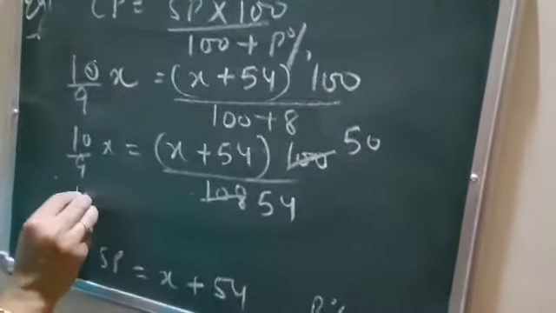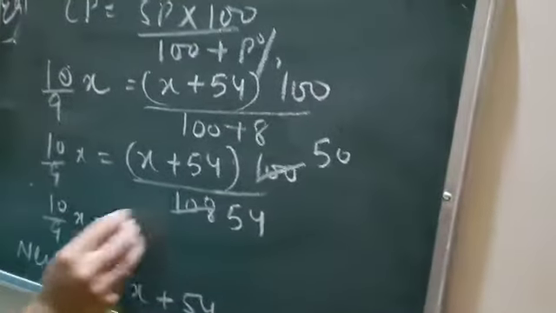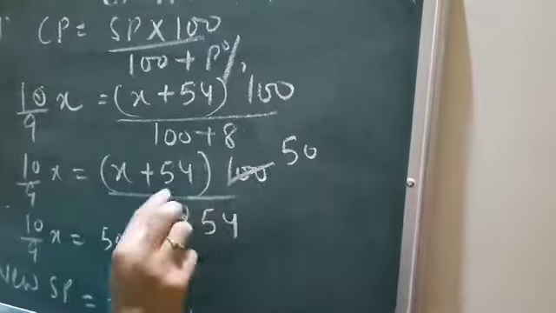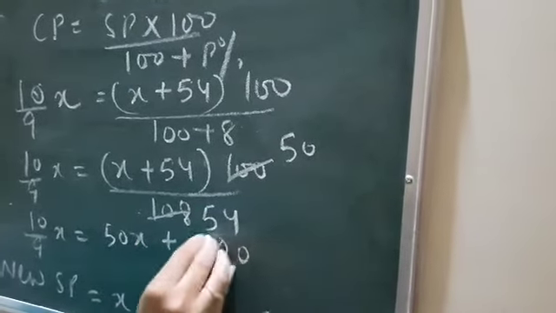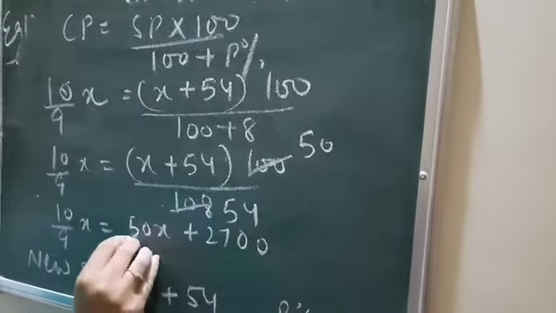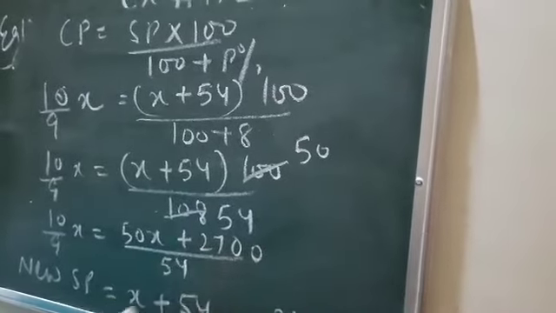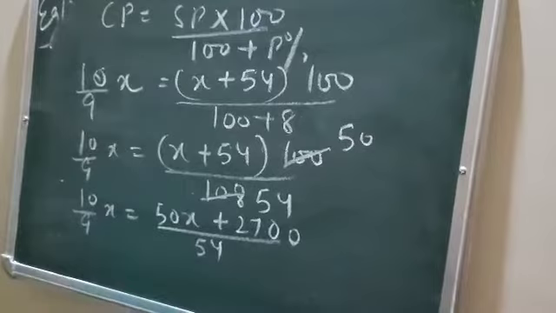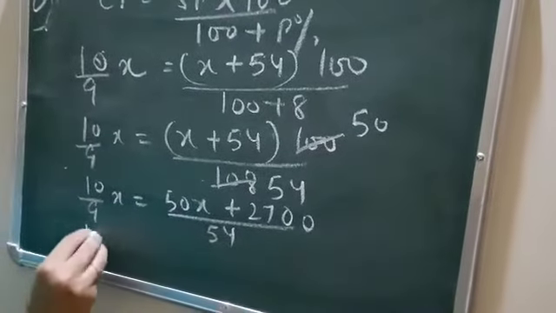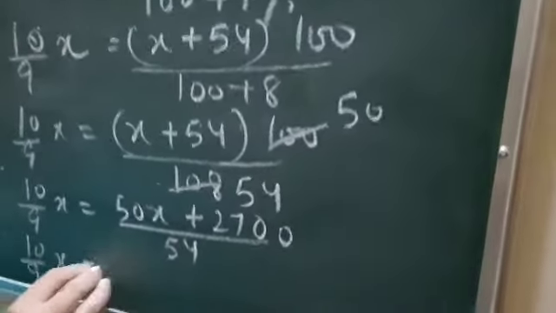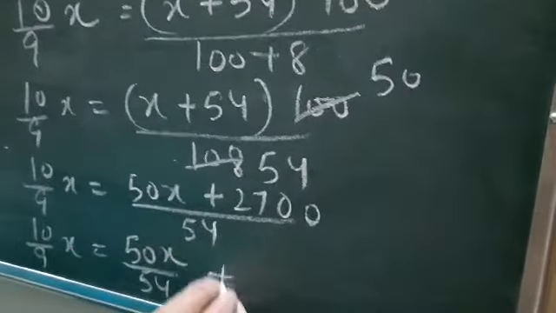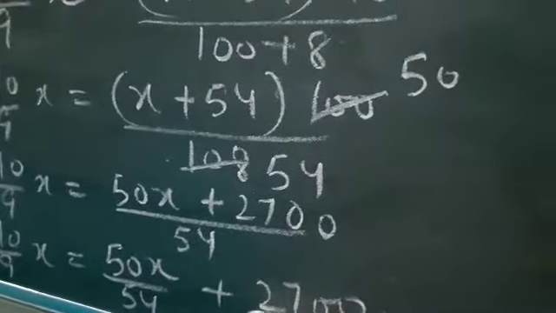Now we'll just solve the bracket. 50 into x, 50x plus 54 into 50, 2700 upon 54. Right? Now you can take this 54 separately with both so that we can combine the like terms. So 50x upon 54 plus 2700 upon 54.